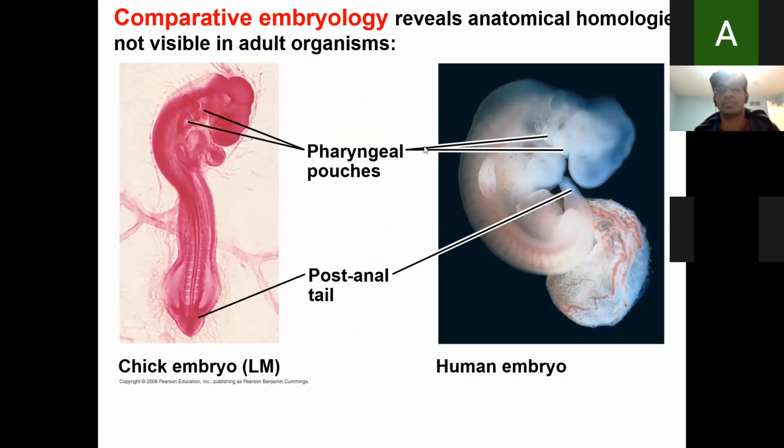You can see the very similar embryos and how they have similar characteristics and similar parts, and that shows how we're all generally related. For example, human embryos have a tail, and that never comes to fruition, but in a common ancestor we had a tail tens, hundreds of millions of years ago.